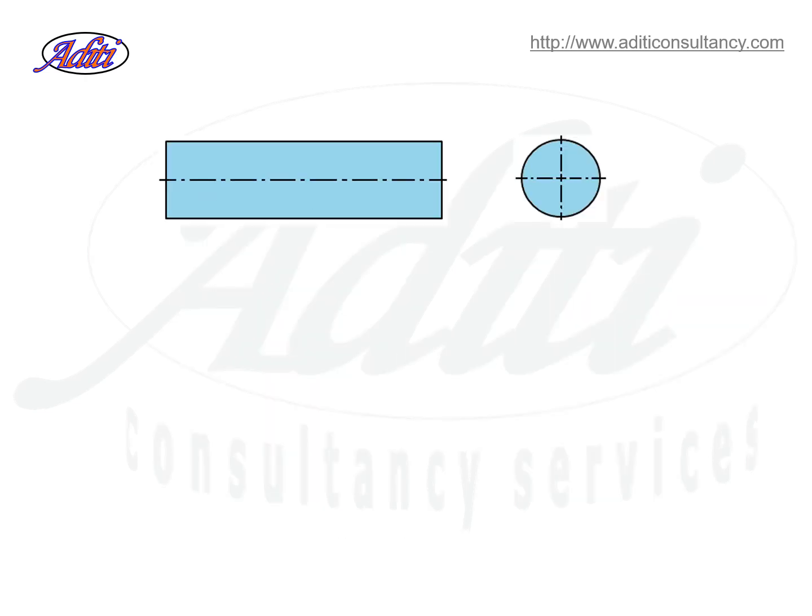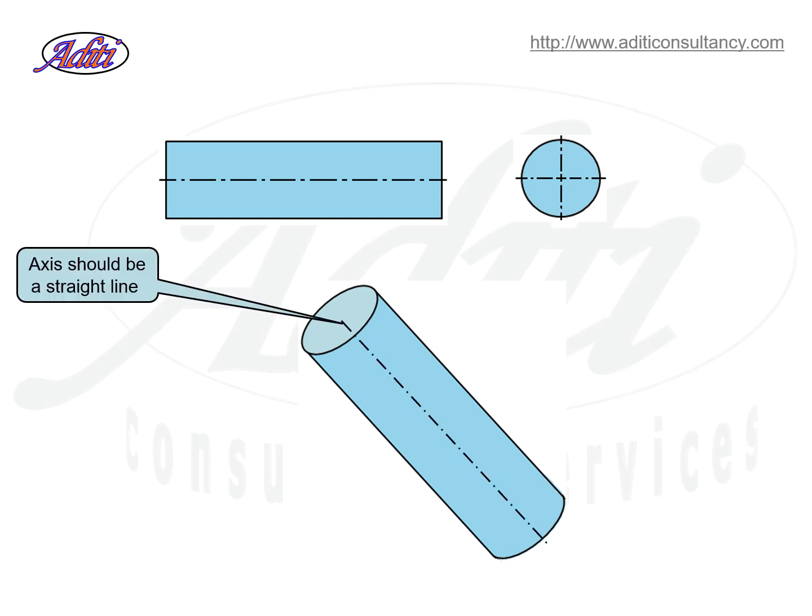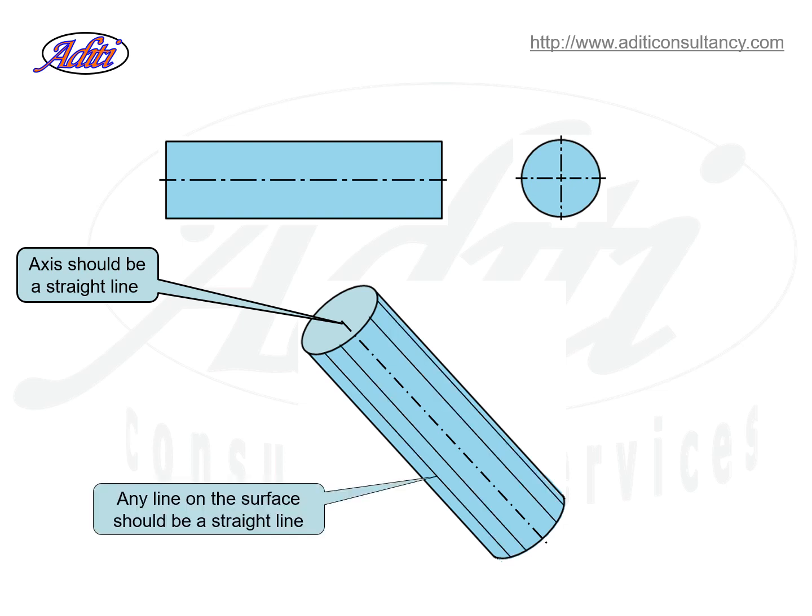Now, if you say a part is perfectly cylindrical, what are the things you are controlling under cylindricity? Let us try to understand. If a part is perfectly cylindrical, if you derive the axis of this cylinder, that should be a straight line. If you take number of lines on the surfaces of the cylinder, all these lines should be perfect straight lines.